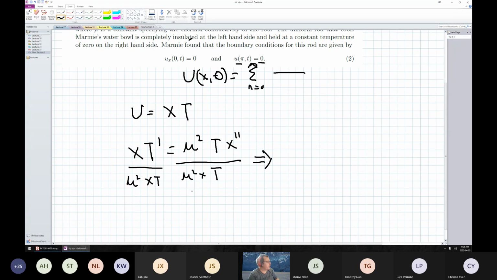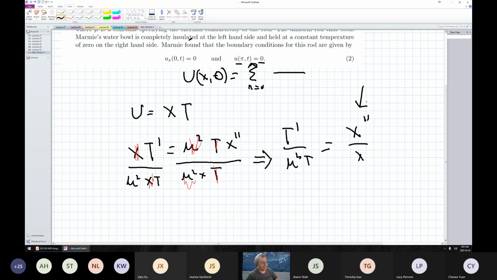After the smoke clears, this X cancels this X, this T cancels this T, this mu squared cancels this mu squared. I'm left with T prime over mu squared T equal to X double prime over X. This is the thing I saw before.